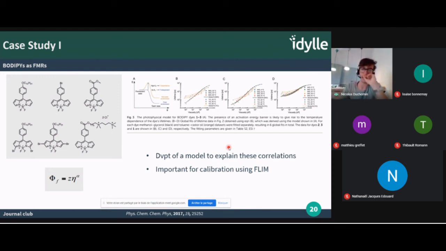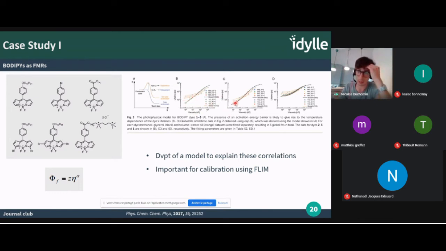So what you can see is, for instance, the BODIPY P1 that is related to this one. You see that it's quite erratic, because at a certain viscosity, you will have one lifetime. But if you now switch to another type of polarity, you will have another lifetime. So that's not what we're looking for.